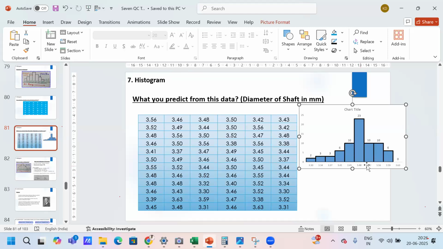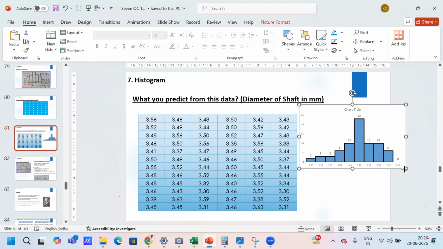What does it mean? Values between 3.48 and 3.52 make up these 23. So we need to consider the values in between the two interval ends. Yes, sir. Okay, so got it? Histogram. Yes, sir.